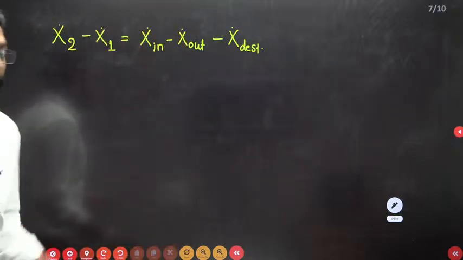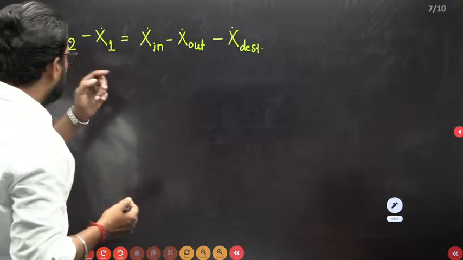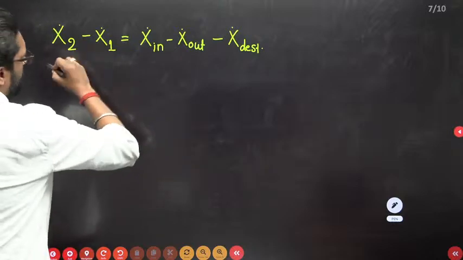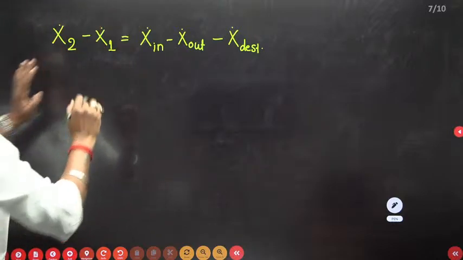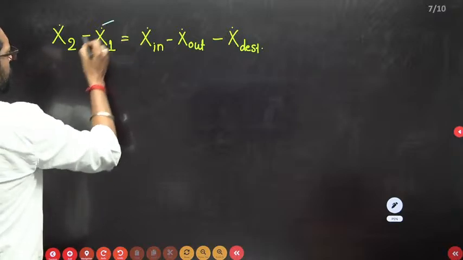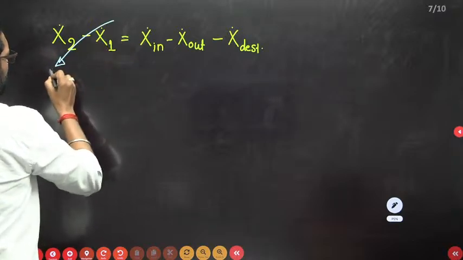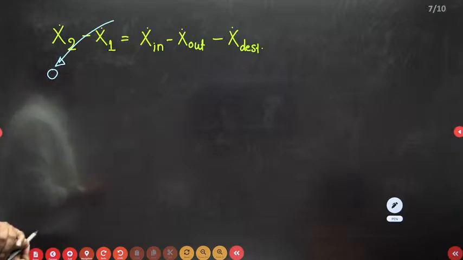Now, this is 0, this is 0, no problem. Why? Because this is steady. So finally this is 0 for all cases, 0 for the steady.